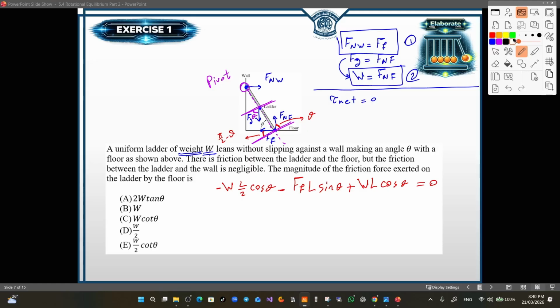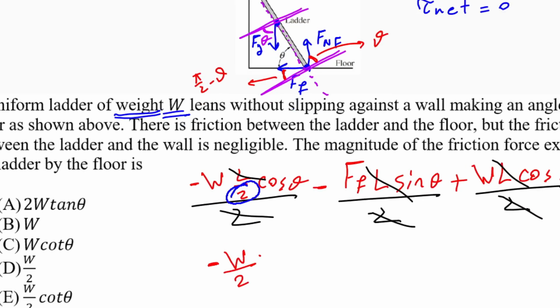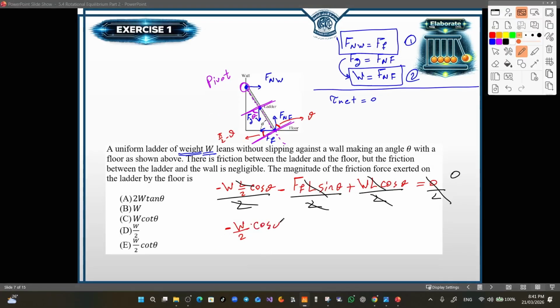So we divide both sides by L. L with L cancels out, and 0 over L is 0. So minus W over 2, because we have here over 2, cosine theta, minus f_f sine theta, plus W cosine theta equals 0. Let's move this to the other hand side.